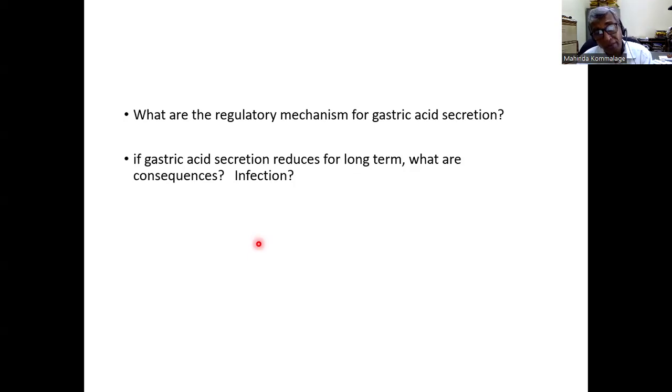Of course, if the acid secretion increases, you get peptic ulcers, and especially gastrin secreting tumors might alter pH and so on. Right. So read these leisurely and search the internet or other sources.